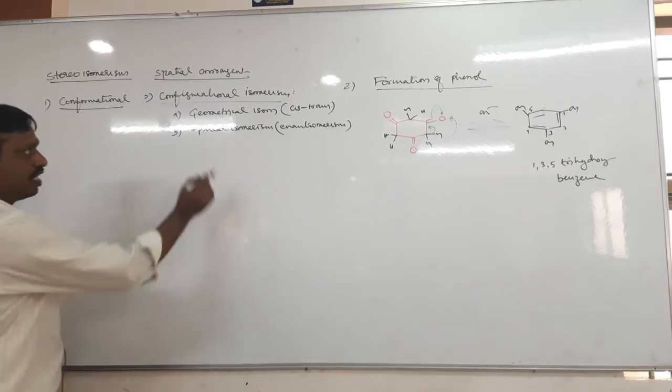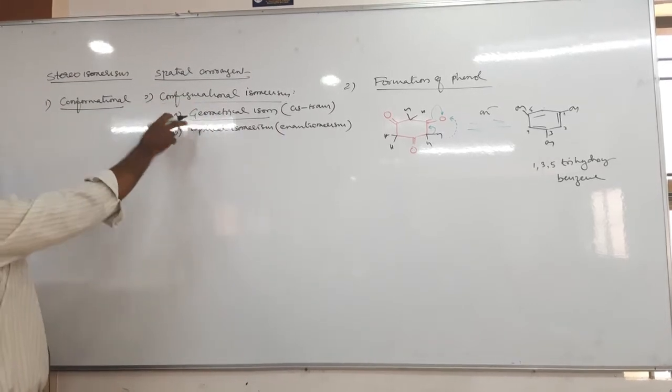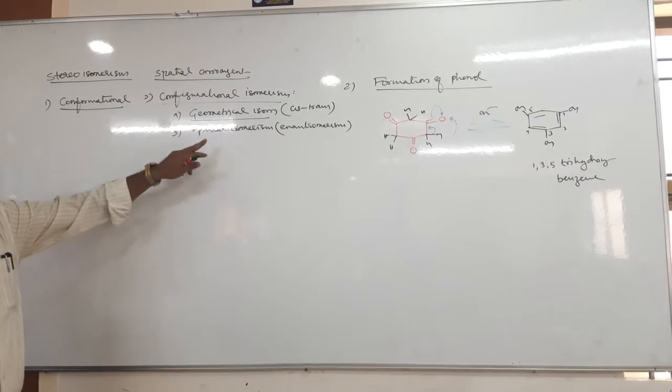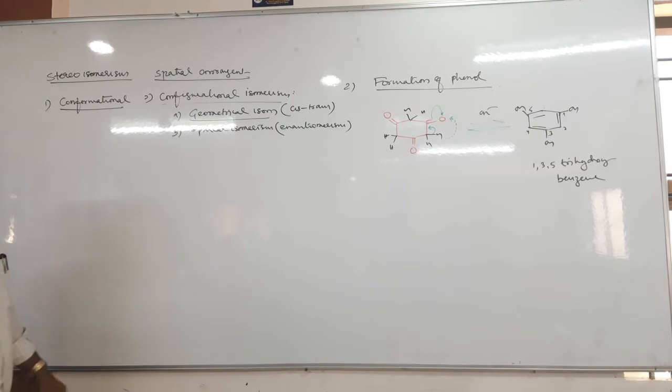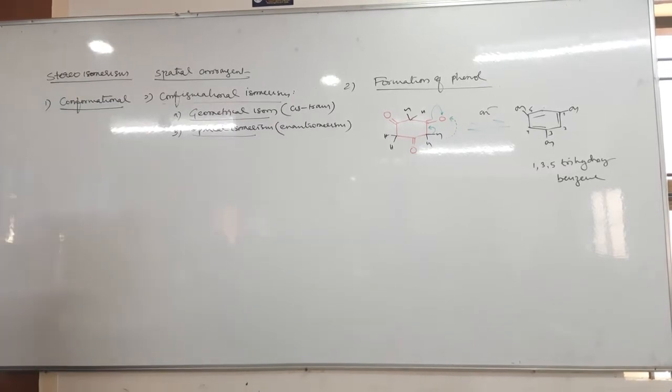Now let's study one by one. We will first finish configurational, then go for conformational, because we need to understand this first, as there are some related concepts. So let's see geometrical first, then optical.